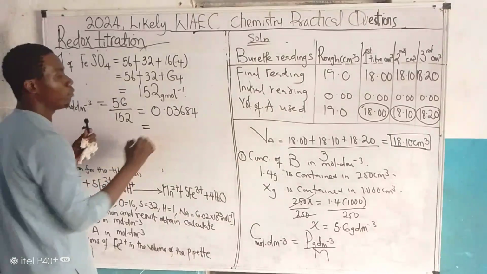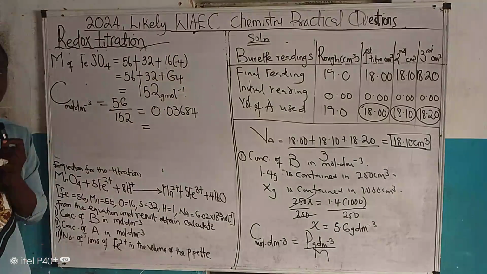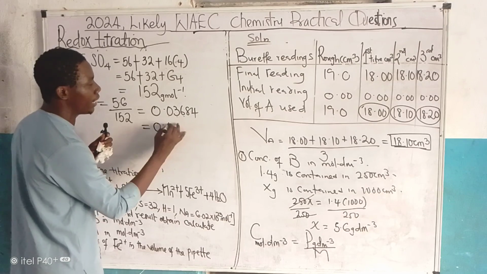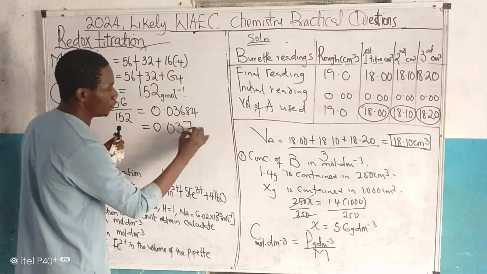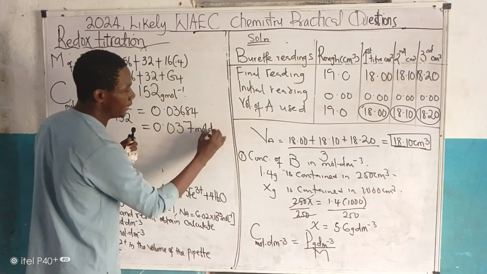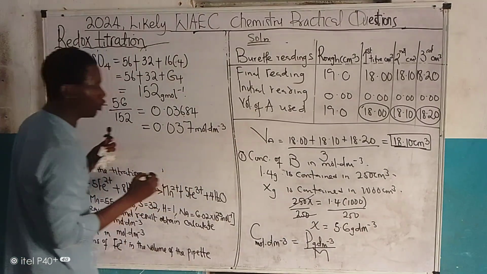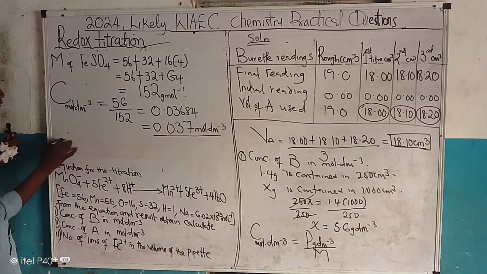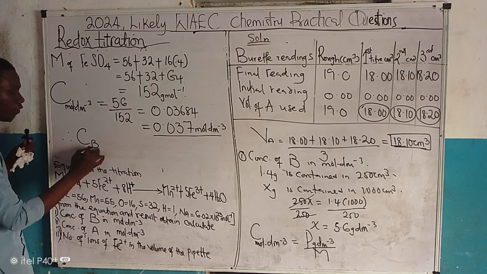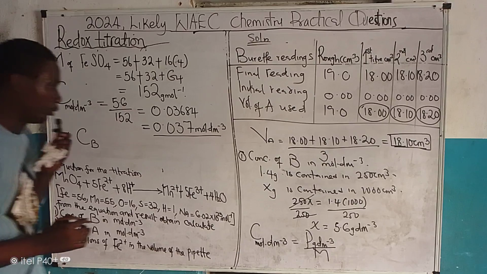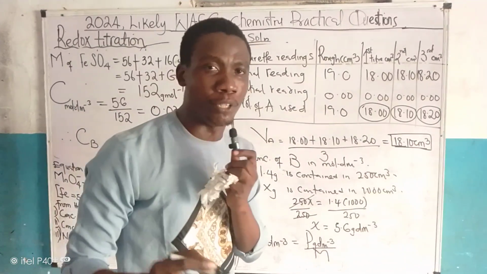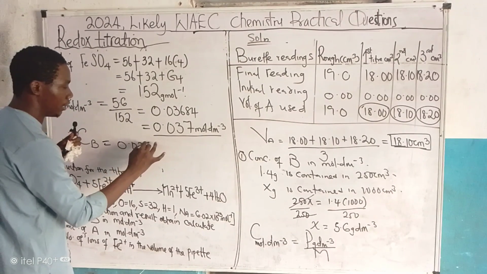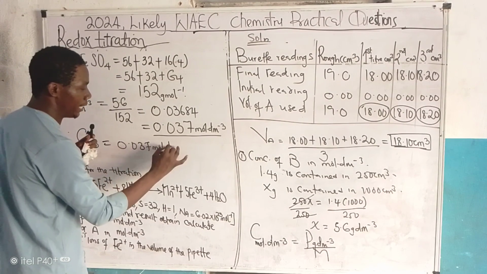So don't forget that most times our concentration is in 3 decimal places. So 1, 2, 3. We can have 0.037 mole per dm3. Meanwhile, when doing your calculation, you can use the longer value, but this is our concentration. So the concentration of B in mole per dm3 is equal to 0.037 mole per dm3.